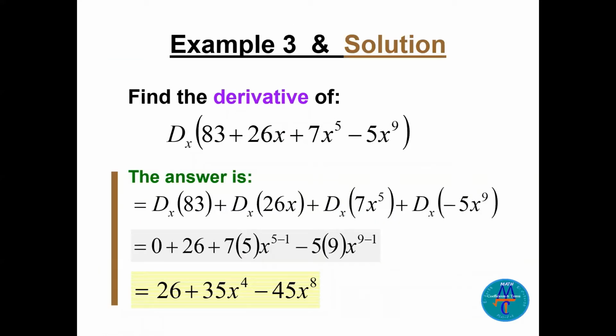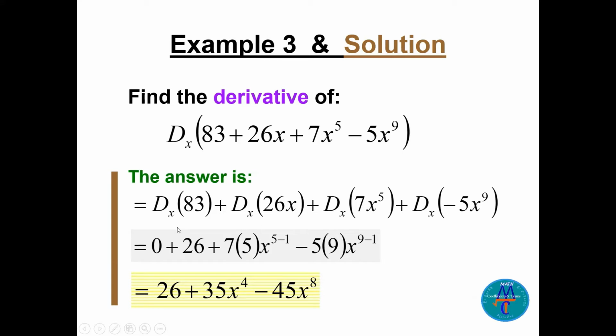Now let's find the derivative of this function: 83 plus 26x plus 7x to the power 5 minus 5x to the power 9. This is example 3 and the solution together because it's so simple. This is a polynomial, so we can find the derivative of the first plus the derivative of the second plus the derivative of the third plus the derivative of the fourth one.